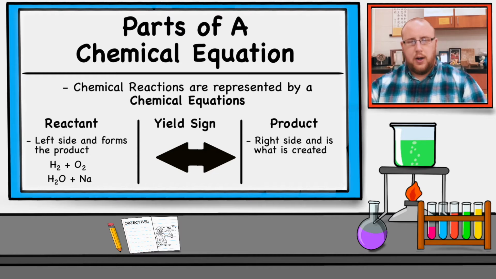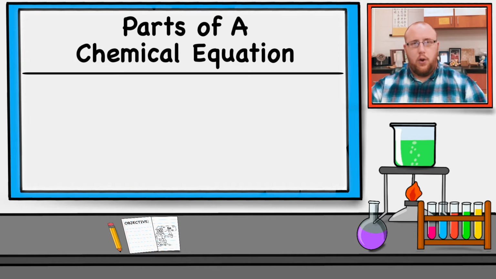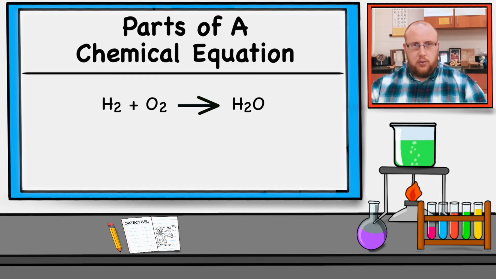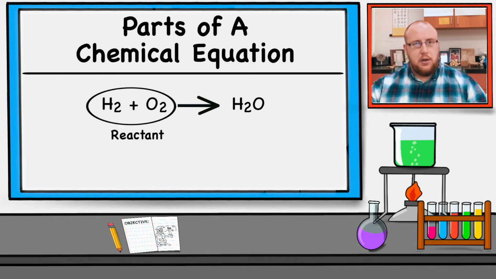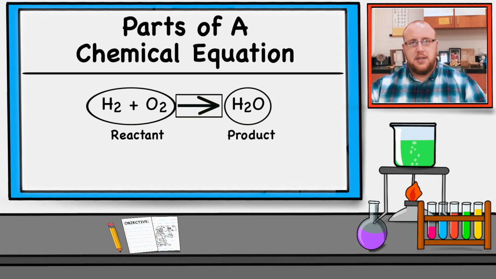So, product is what is made, reactant is what it takes to make it. Our yield sign determines the direction of the reaction. So if I have H2 plus O2 yields H2O, my reactants are the H2 and O2, my water is the product, the H2O, and my yield sign is the arrow.